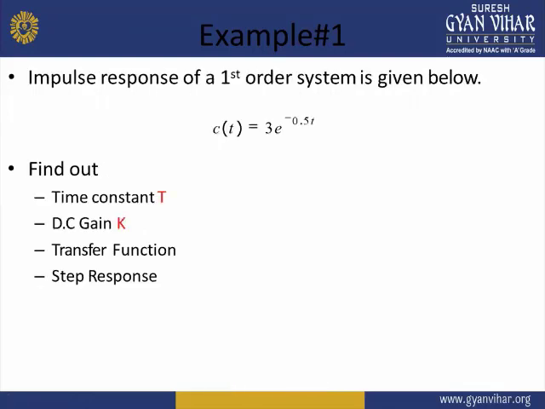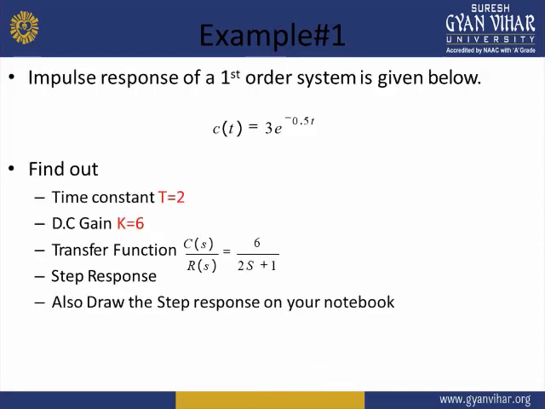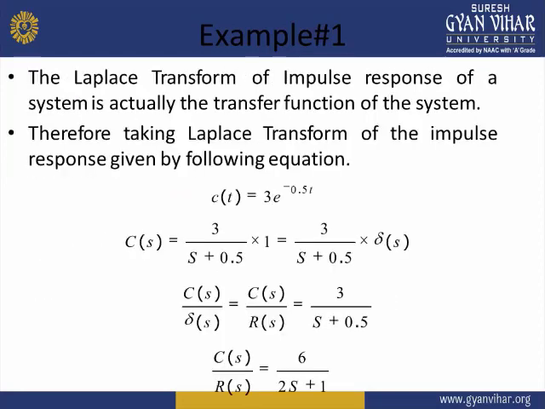Okay, I think we have calculated everything. Now let's see, with this transfer function, if I apply a step input to the system, what will be the function value? If we apply the step input, R(s) will be 1 upon s.